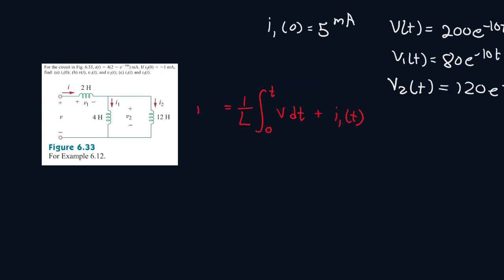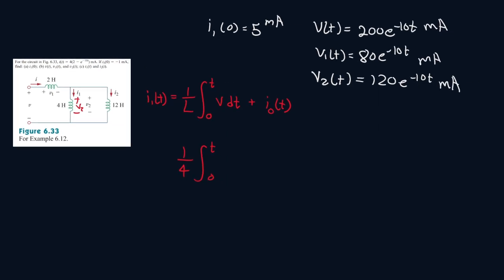So I1(t), oh yeah, and they usually just call it I0, okay? But pretty much this is the equation. So let's start. So L is 4, the integral from 0 to t. Now, the voltage here will be V2, okay?